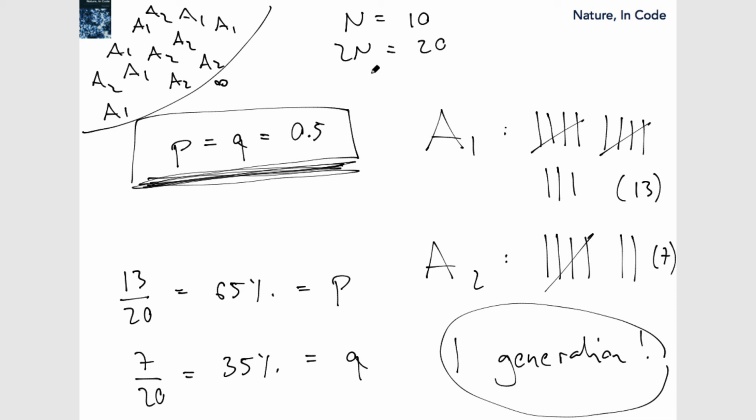And that means we introduce a random process and the random effect of sampling. And so, as you can see here, in small populations, this process can lead to very substantial changes in the allele frequencies in a very short time, in a single generation. And that is called genetic drift.